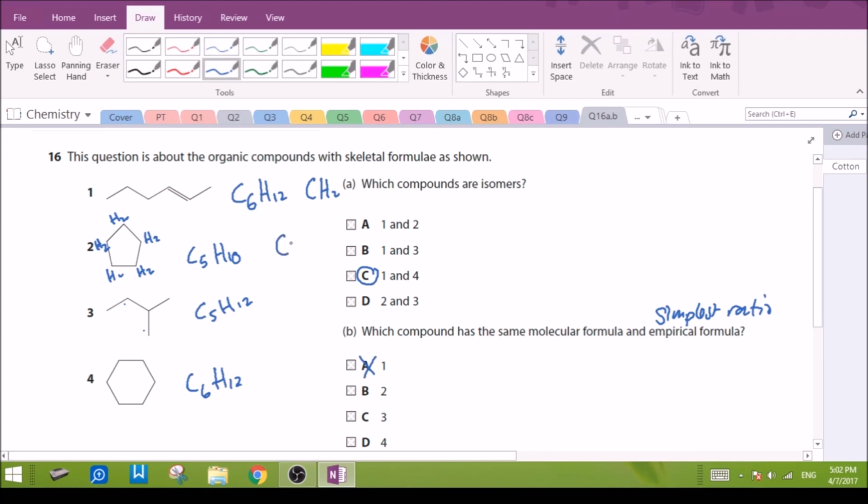C5H10 can be further simplified, so its molecular and empirical formulas aren't the same. C5H12, there's no further way to simplify this ratio. So C is the answer. And if we check D, we can further simplify C6H12 to CH2, so we confirm that D is not correct.